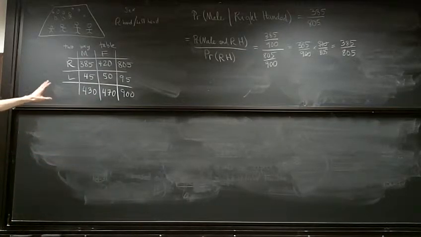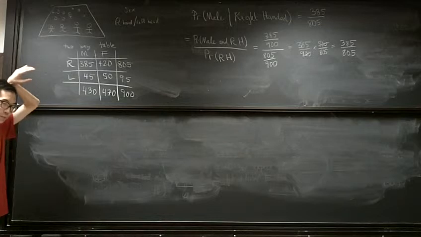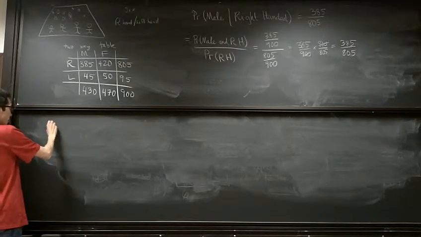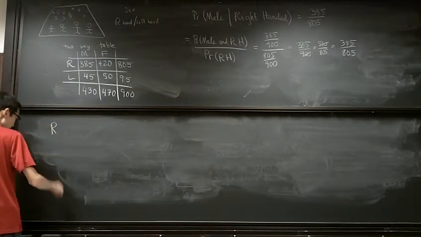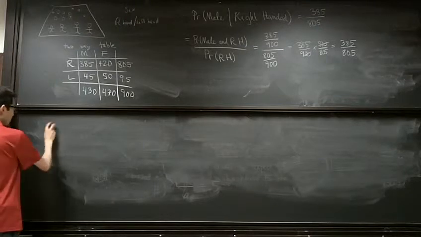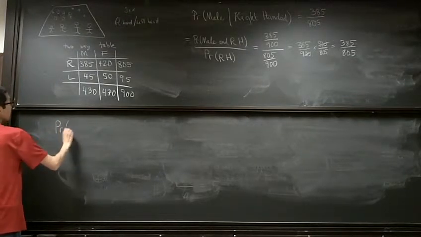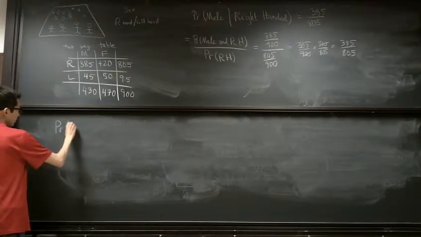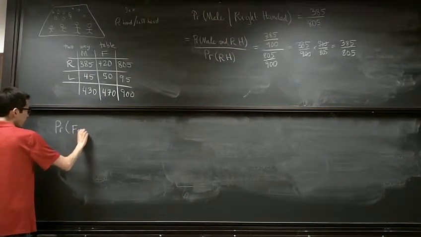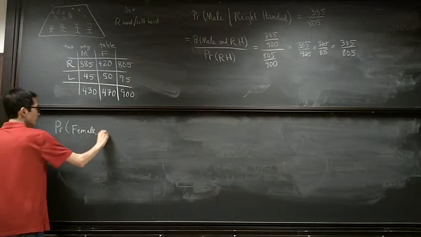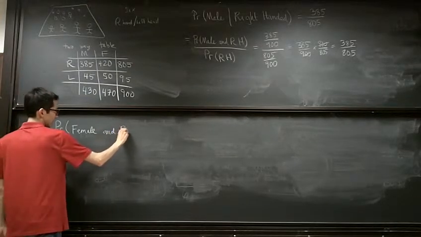So we'll still use this table here. And I just want to make sure we understand. What if I ask, what is the probability of being female and right-handed?